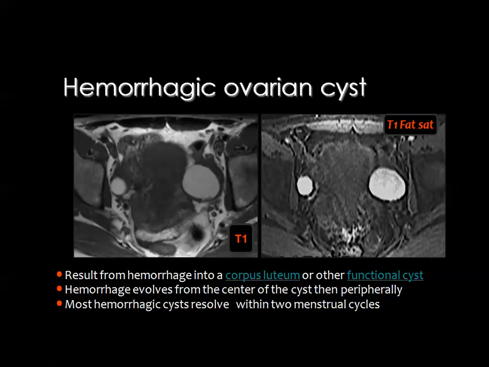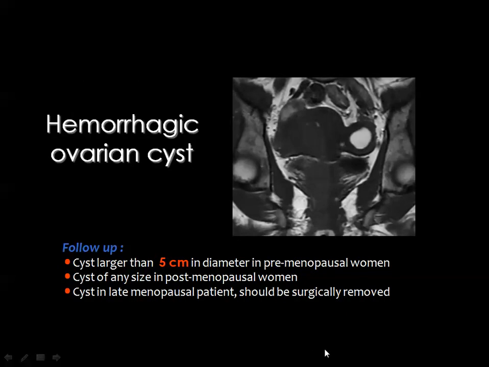And some of the ovarian cysts contain hemorrhage, and this will appear on the MRI as bright signal on T1 weighted images, and also bright signal on T2 weighted images. Hemorrhage is a well-known finding in corpus luteum cyst, and it also may occur in the functional cysts.